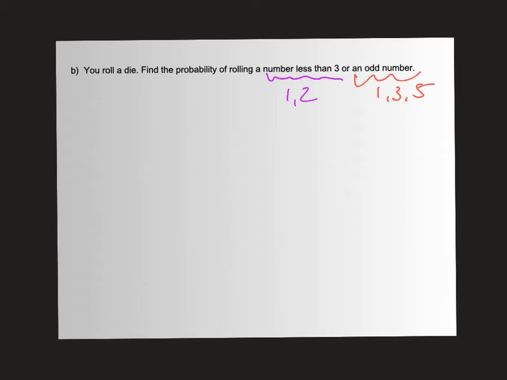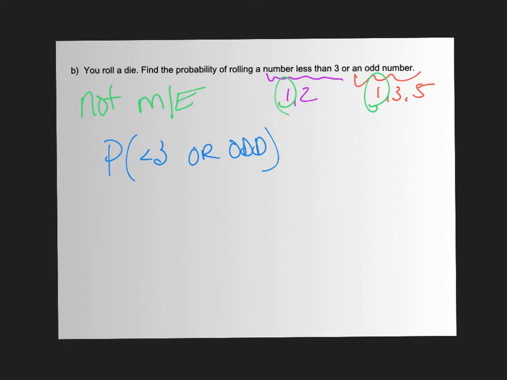So here's the deal. 1 shows up in both of those lists, so that is not mutually exclusive. Wow, that green does not show up very well for me. I hope it shows up better for you. So when you do this, because it's not mutually exclusive, you have to use the first line of that equation in that little chart that we just looked at.